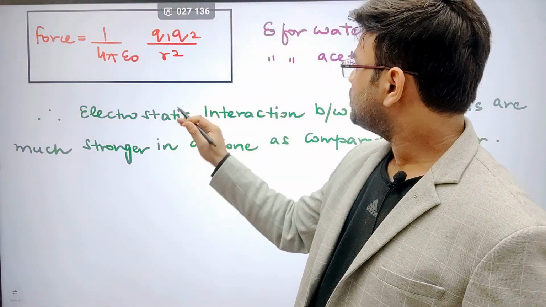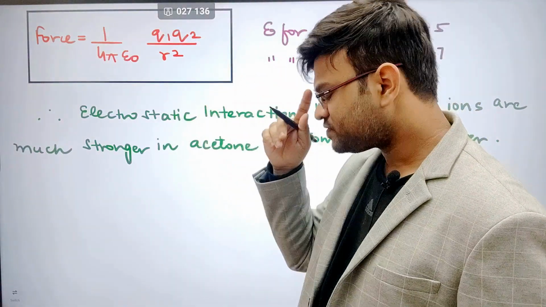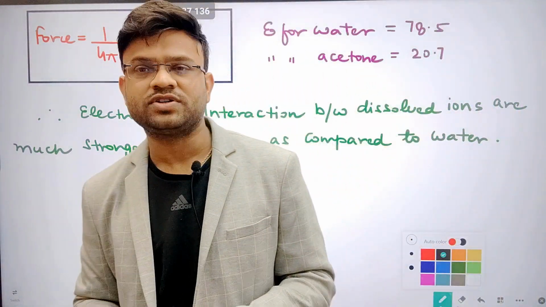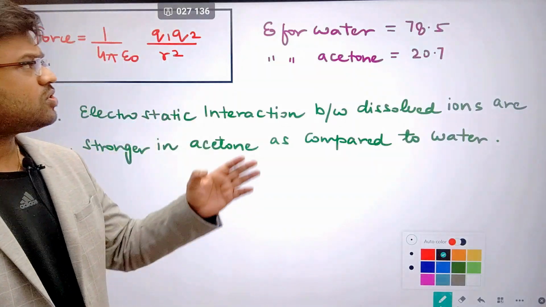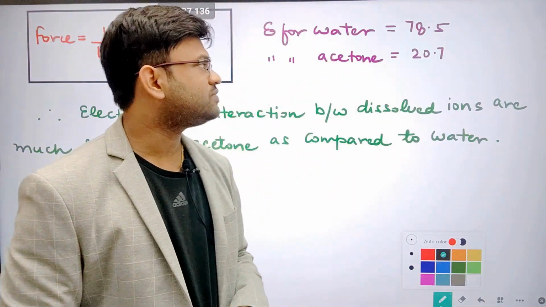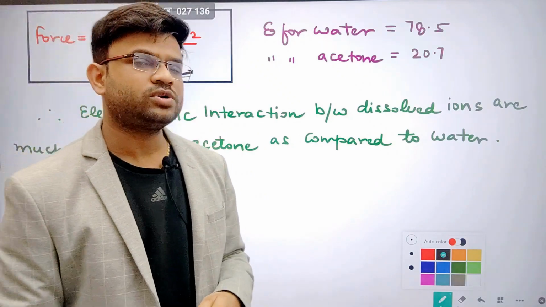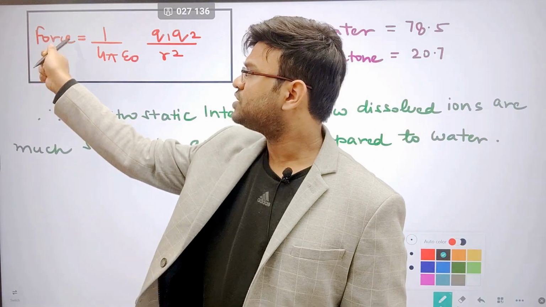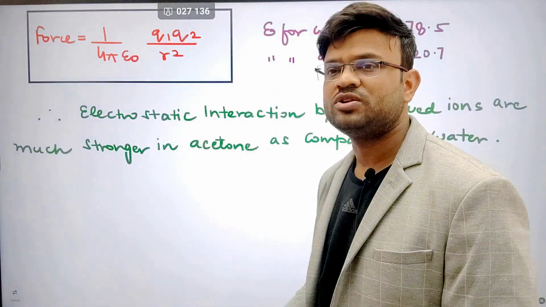Now epsilon is a constant value that basically depends upon the nature of the solvent. If I'm talking about water, epsilon of water is equal to 78.5 and epsilon of acetone is equal to 20.7. You can see that the force is inversely dependent upon epsilon.